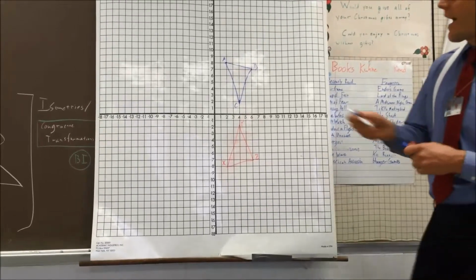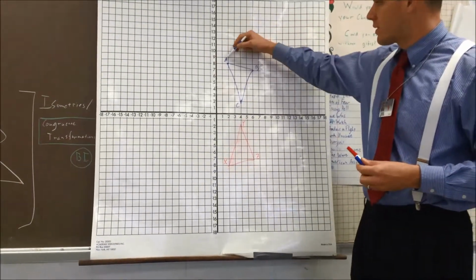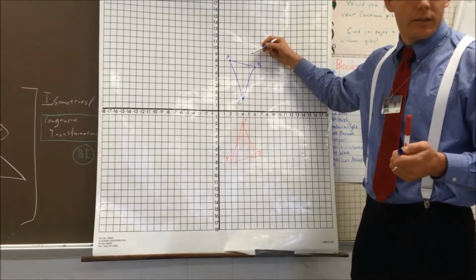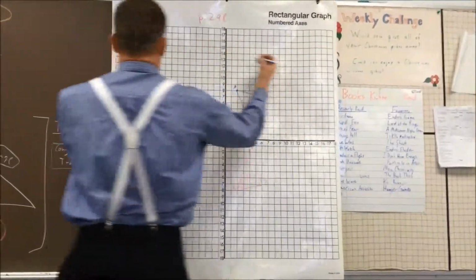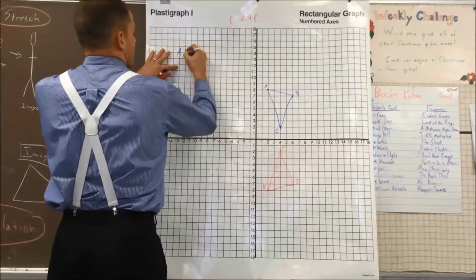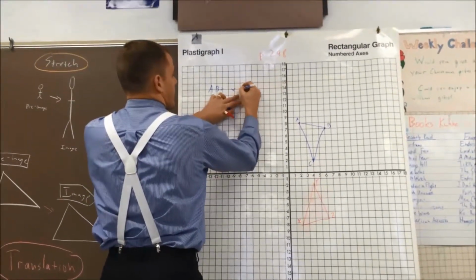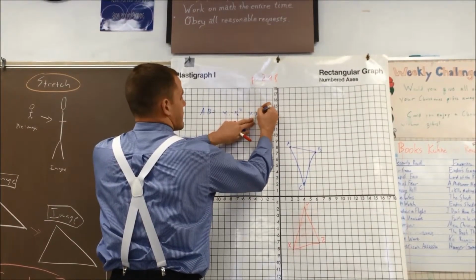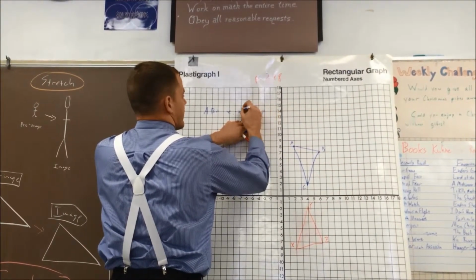So let's find out how big AB is. Well, we're going to have to use the distance formula. We can do that, right? We know the distance formula. x1 minus x2 squared, y1 minus y2 squared, add them, square root, then simplify.